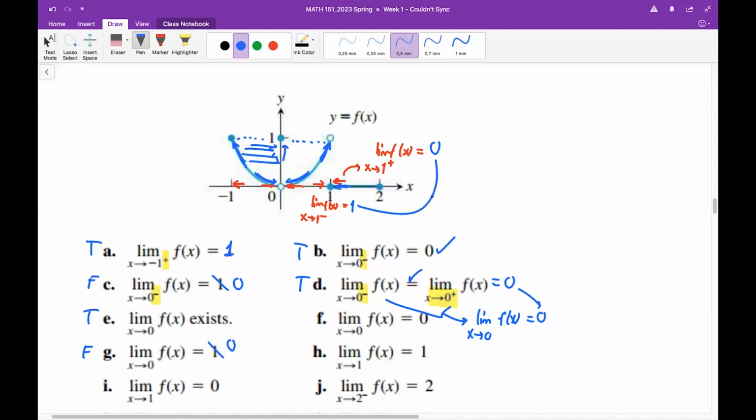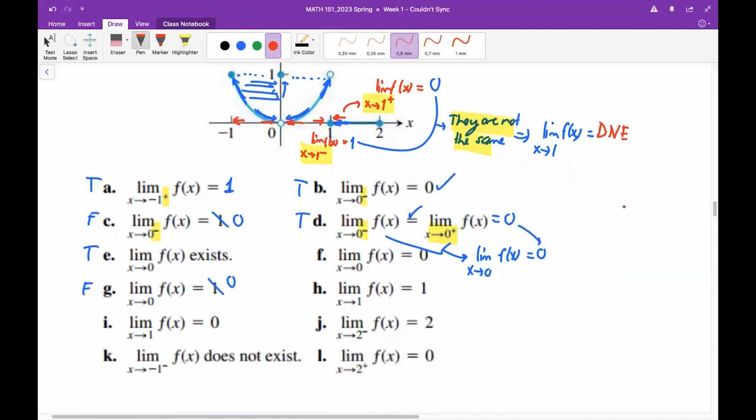And now compare them. Since they are not the same, what can you say about the overall limit? Limit does not exist. Yes, if one-sided limits are not the same, you conclude that limit does not exist.